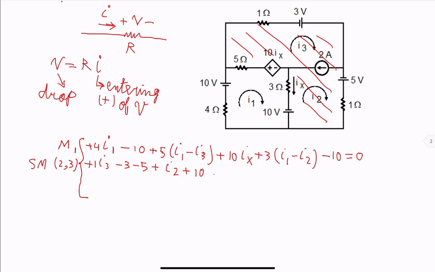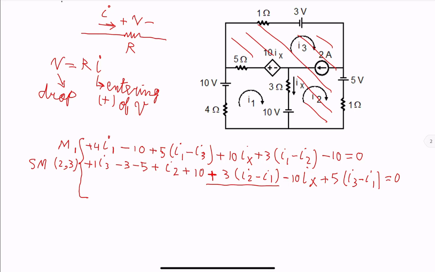We are going up, so plus 3 times in the direction of I2, opposite to direction of I1. This is an important term. Just neglect IX. Continuing through the dependent source, we see the negative side, so minus 10 IX. And finally, 5 ohm resistor in the direction of I3, opposite to direction of I1, equal to 0.